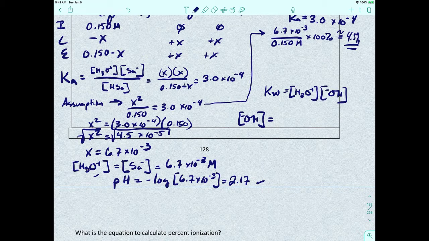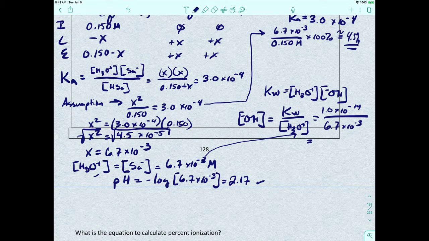If we rearrange this, the concentration of hydroxide ion will be Kw divided by the concentration of hydronium ion, or 1.0 times 10 to the minus 14th divided by 6.7 times 10 to the minus third. If we do that work, the concentration of hydroxide ion should be about 1.5 times 10 to the minus 12th molar.